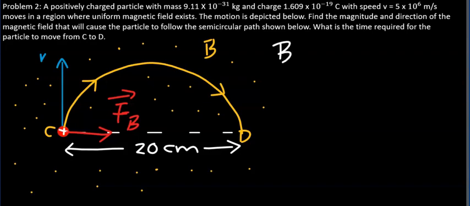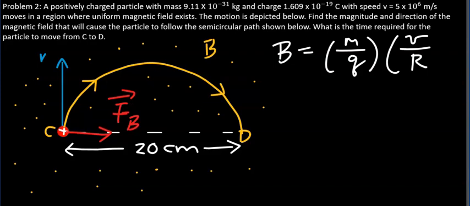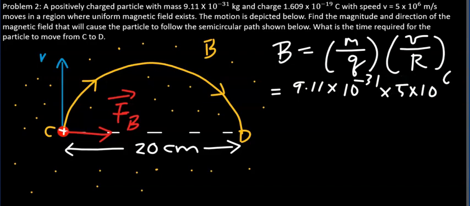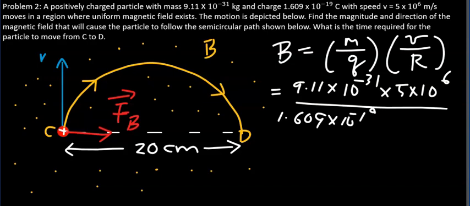The magnitude of the magnetic field can be computed from the equation that we have written down a few minutes ago, m over q, velocity over the radius. The mass is 9.11 times 10 to the power minus 31. The speed is 5 million meter per second. The charge strength is 1.609 times 10 to the power minus 19.